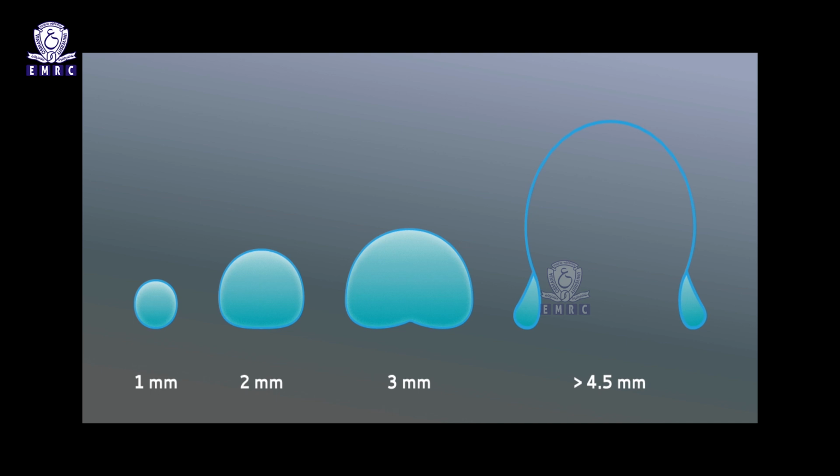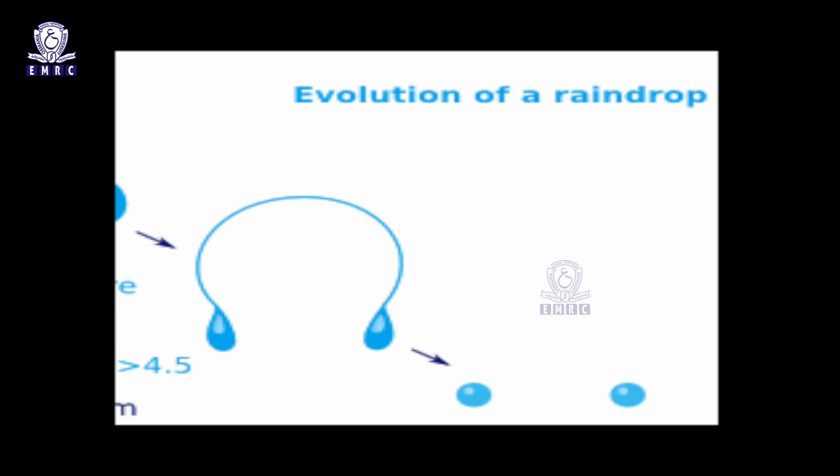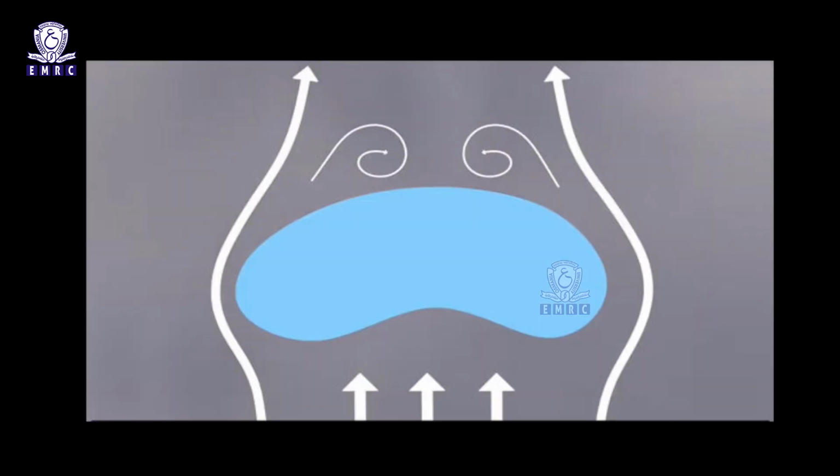They look more like kidney beans when falling to the earth. Very large raindrops, larger than 4.5 millimeters, 0.177 inches, have a huge indent and look more like a parachute. These extra large drops usually end up splitting into two smaller drops. The indents on the raindrops are caused by air resistance.